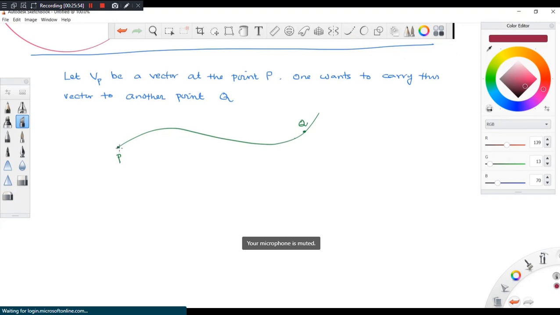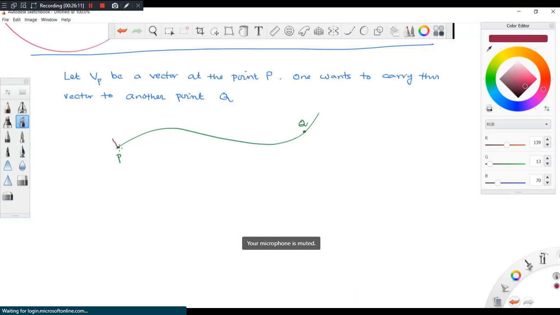So suppose you take the vector here. For example, for understanding this, I'm saying that locally this is perpendicular, or it is making 45° locally.